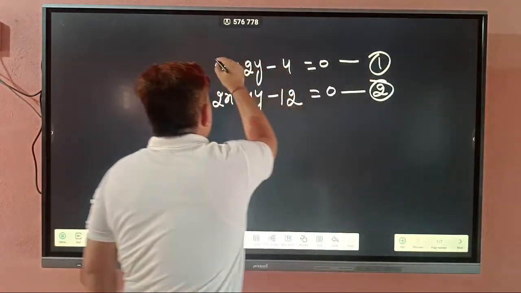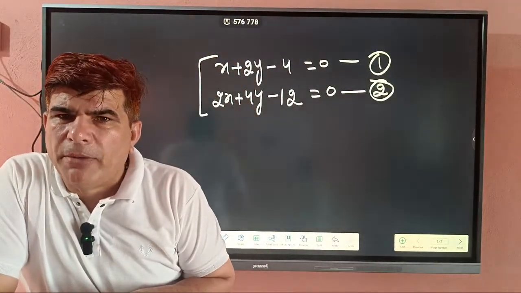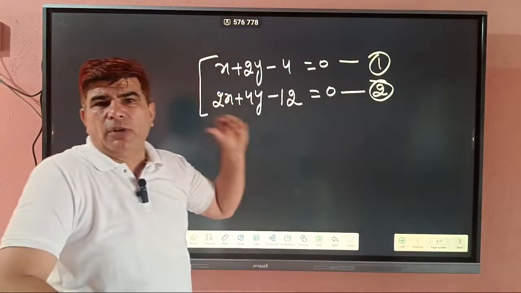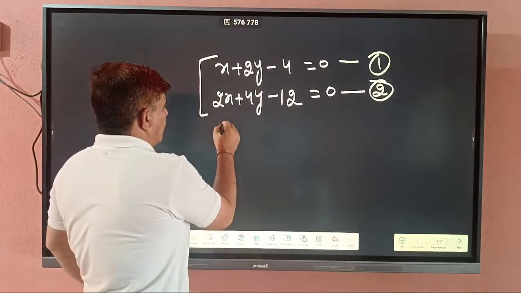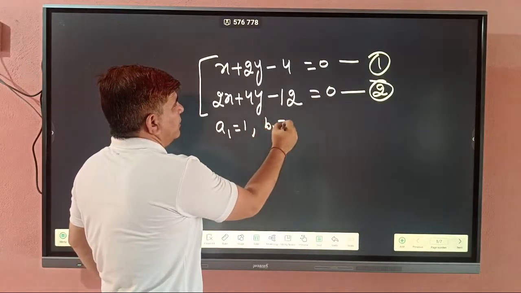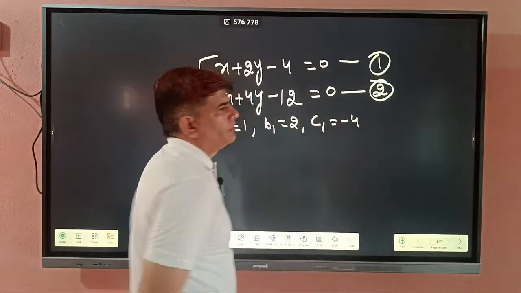This complete thing is called a pair of linear equations in 2 variables. Understood? Which variables? x and y are both variables here. So what's the value of A1? If you compare, A1 is 1, B1 is 2, C1 is minus 4.